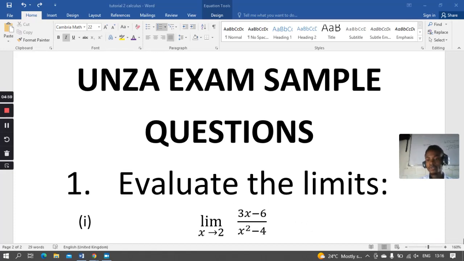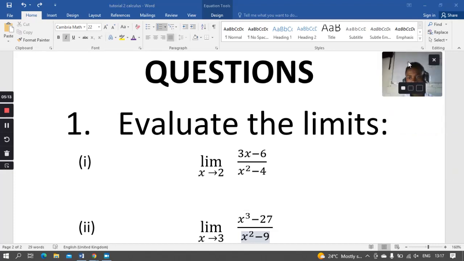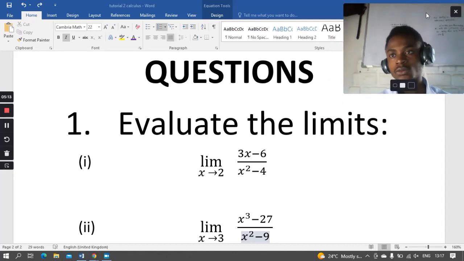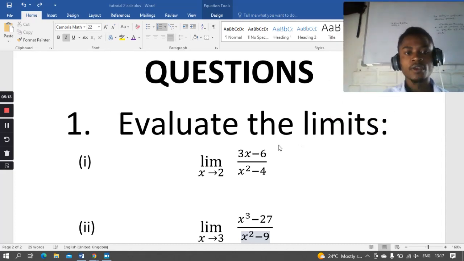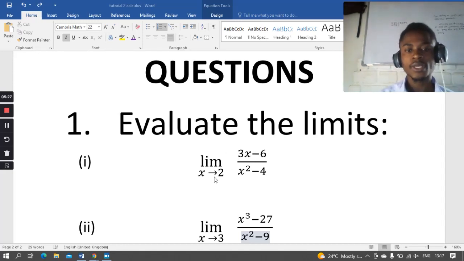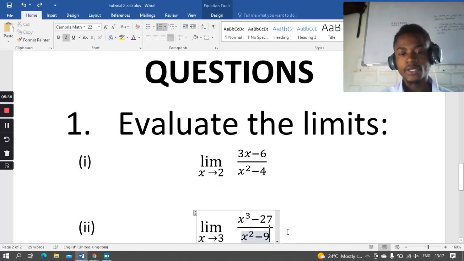Okay, so evaluate the limits. The first question here says evaluate the limit as x approaches 2, meaning in this case we are approaching x from both the left hand side and the right hand side. That's our first expression.